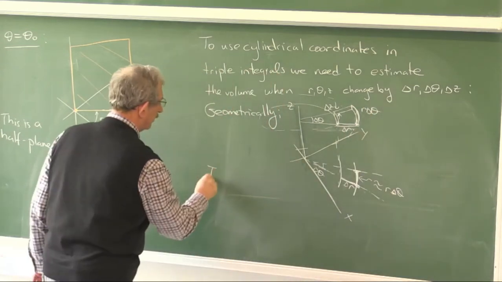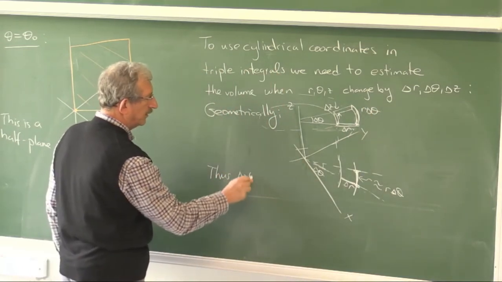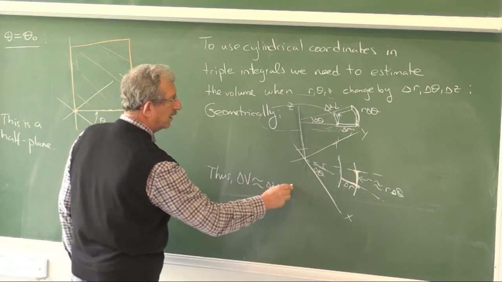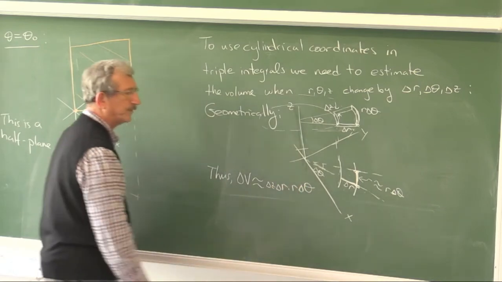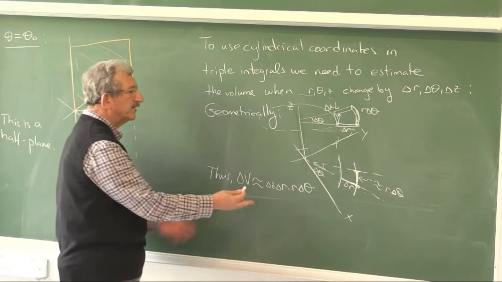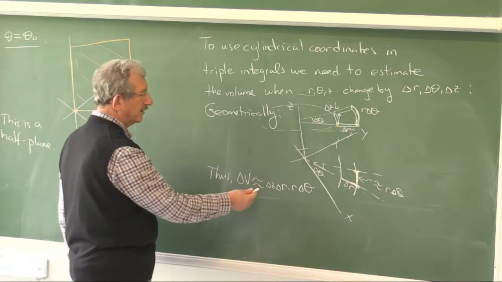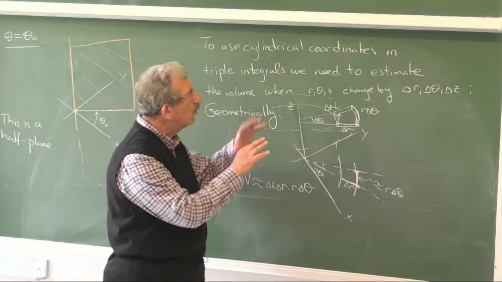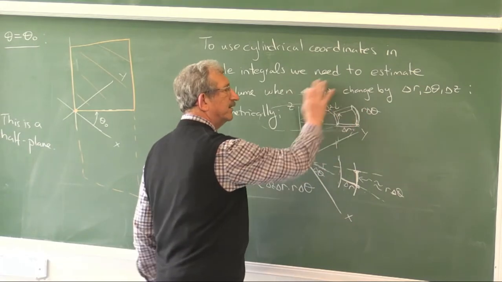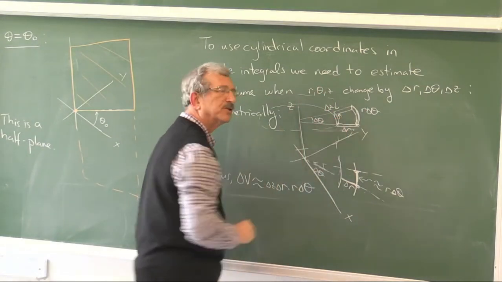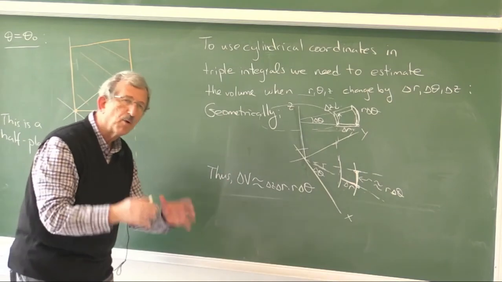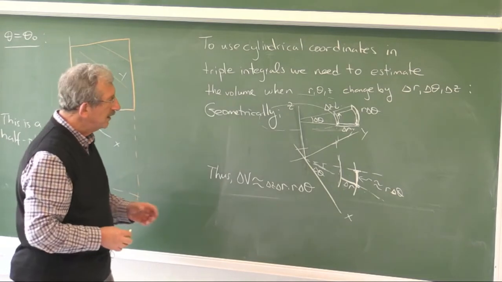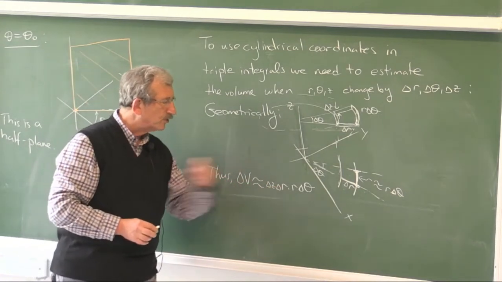In short, delta V will be approximately delta Z, delta R, and r delta theta. This, of course, tells us that the volume into which we should decompose our S in space will be such box-like small solids. Okay. This tells us that the volume would be approximately this.